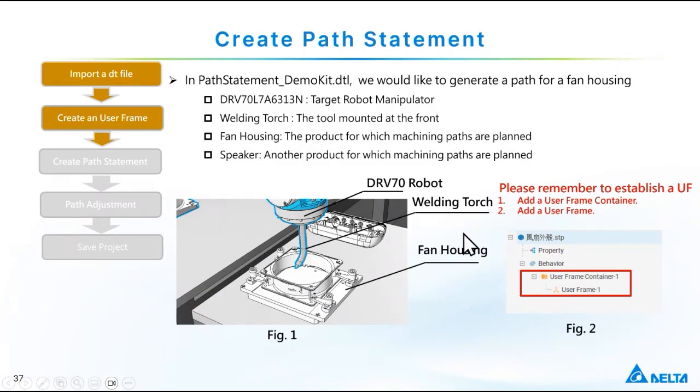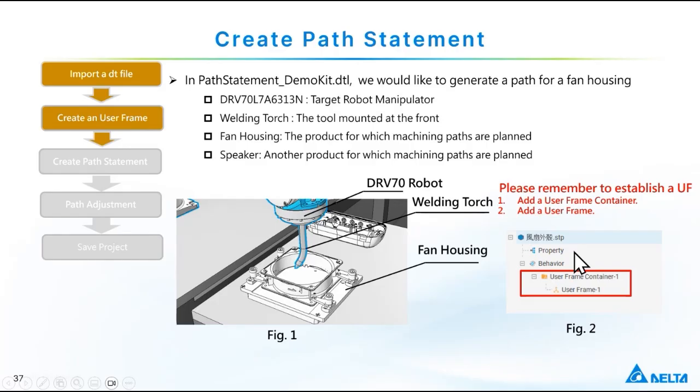This is how we generate the path statement. First, we will use the same model as this morning, and there are some products in the environment, like fan housing and speakers. We are going to use this robot with the welding torch tool to generate each statement.